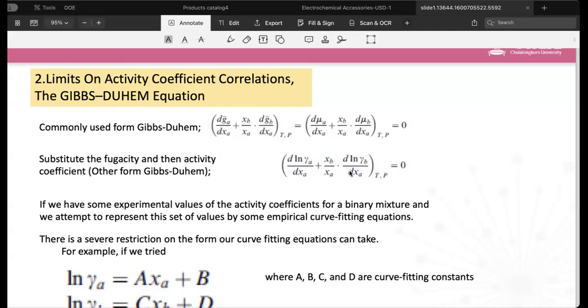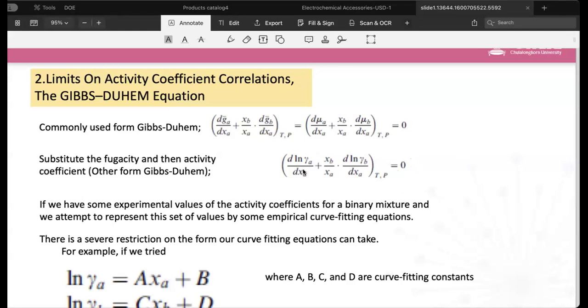I try to cut everything short because I cannot cover that part. Okay, it takes too much time. In the first class we reviewed the EOS already, but for any thermodynamic property, it must follow the Gibbs-Duhem equation.